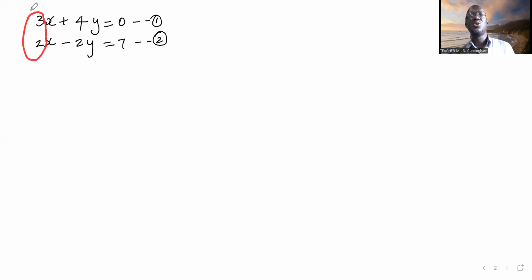A good math student will be looking at that. Which one is better to manipulate? Is it easier to get rid of those, or is it easier to get rid of my 4 and 2? How do I make them the same? Big question now.